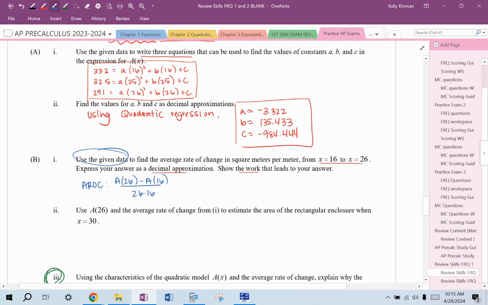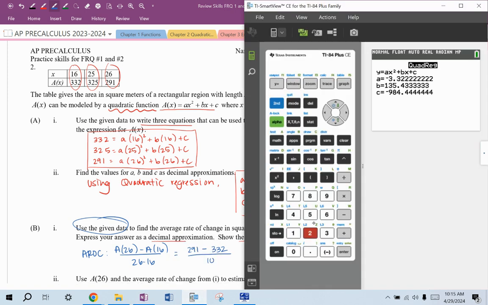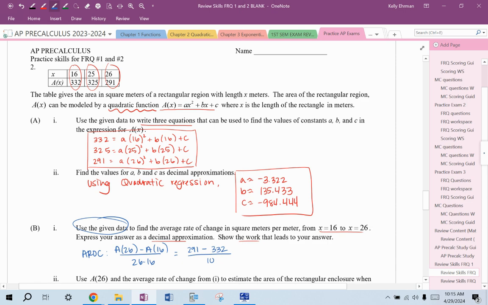Use the given data, again, the table, not your model. So what was A of 26? It was 291 minus 332. And then 26 minus 16 is a difference of 10. 291 minus 332. Divide that by 10, negative 4.1.